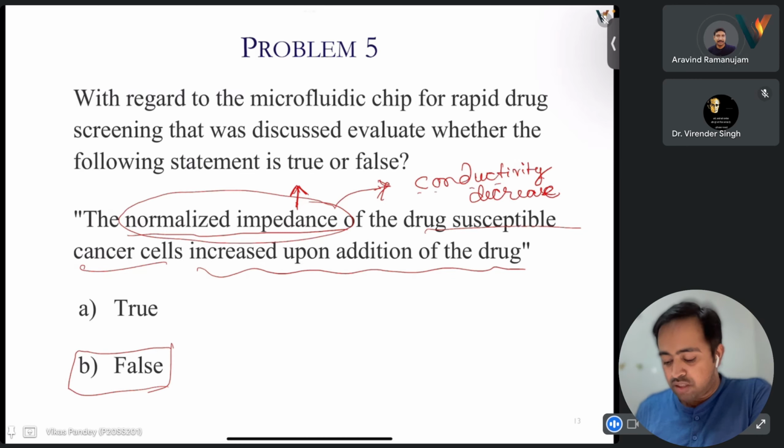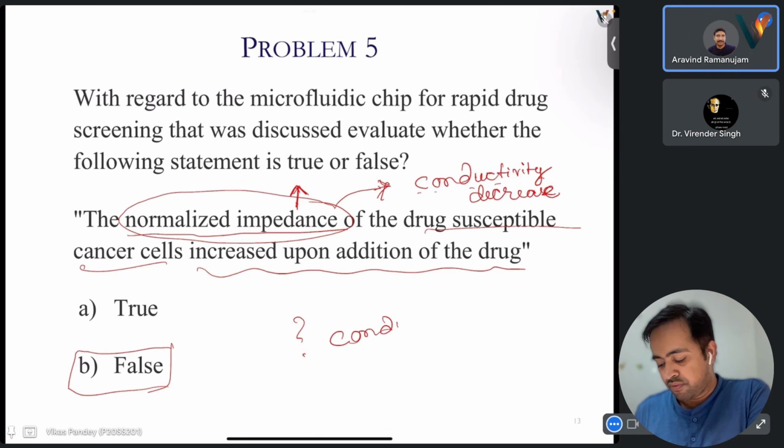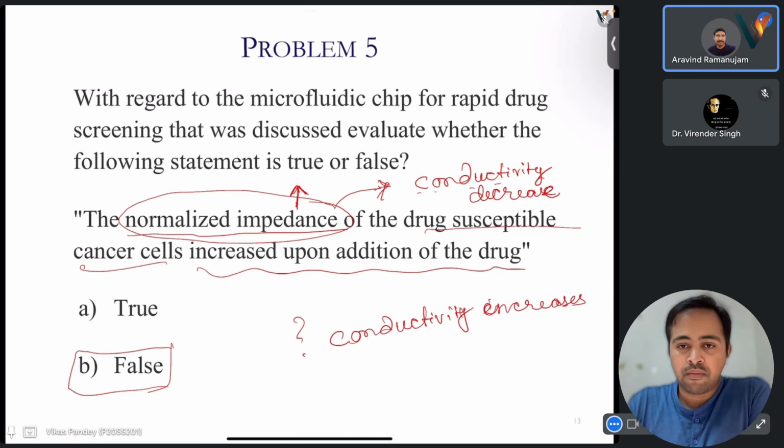So what can be the reason for the increase of conductivity? Cancer cells having less conductivity, maybe. Cancer cells are less conductive. That is right.